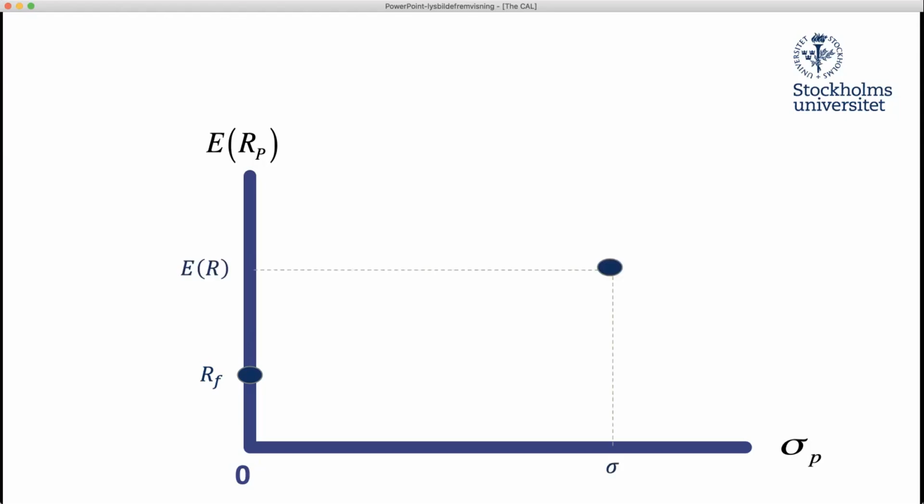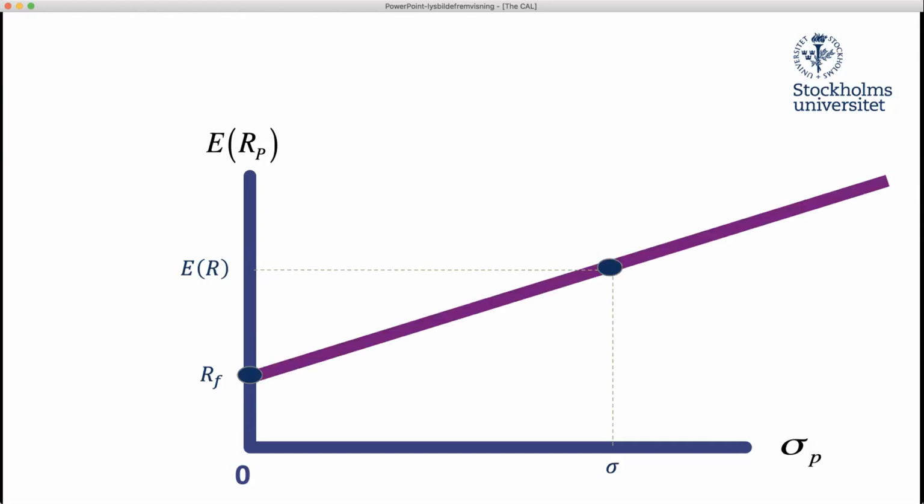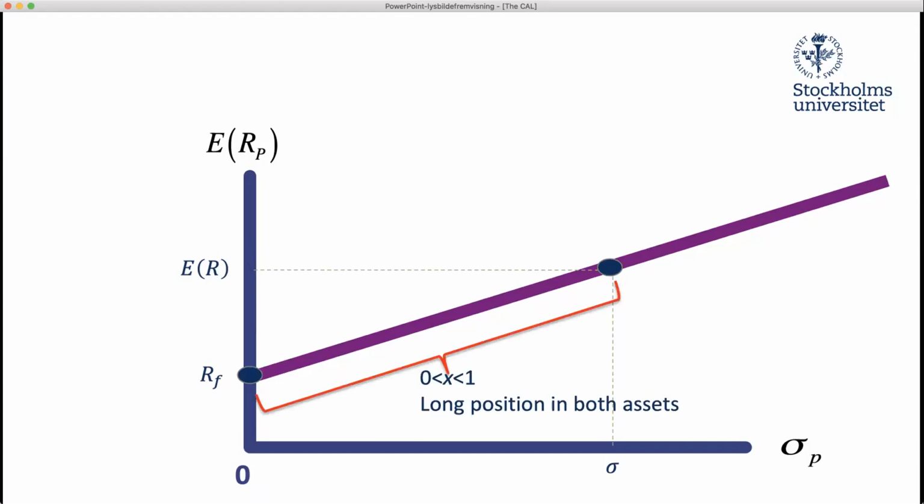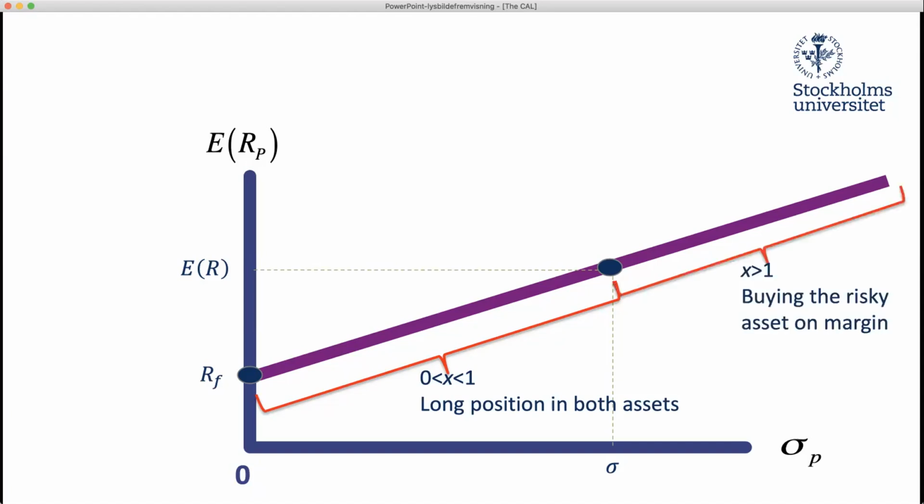But as it turns out, all possible pairs that one obtains by trying different values of the weight X will fall on a straight line. Points on this part of the line correspond to weights on the risky asset between 0 and 1, and points on this part of the line result from weights on the risky asset that are greater than 1.